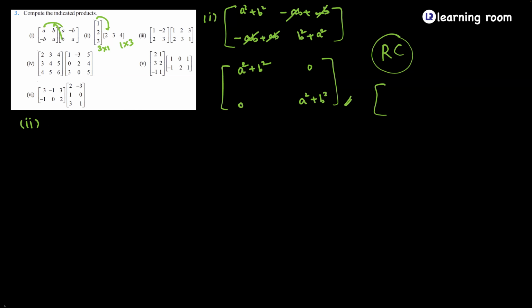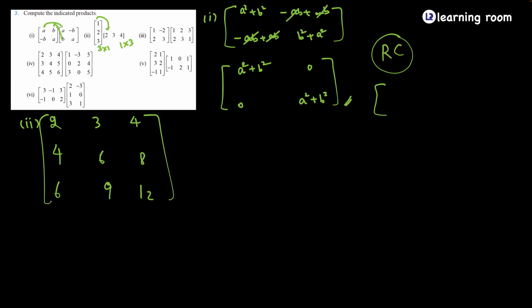So 1 into 2 is 2. 1 into 3 is 3, 1 into 4 is 4. Then 4, double it. So 3 cross 3. Got it? Is there any other problem of this sort?